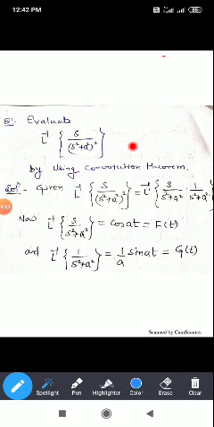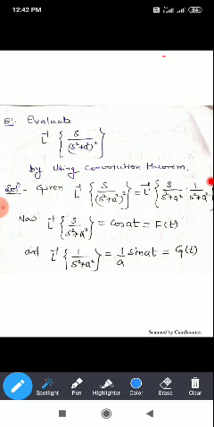Now look at this example. You have to evaluate the Laplace inverse of s upon (s² + a²) whole squared by using the convolution theorem. So here we can write this problem as the product of two functions in such a manner: this equals Laplace inverse of s upon (s² + a²) into 1 upon (s² + a²).